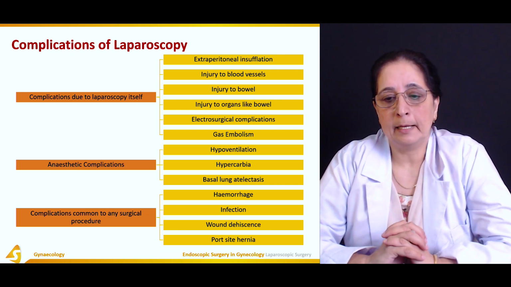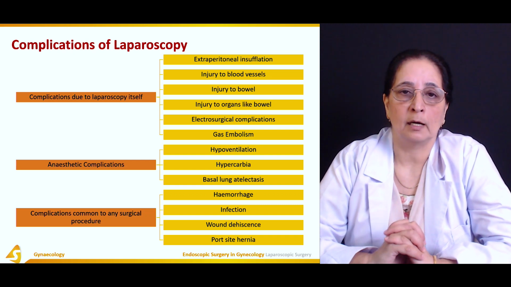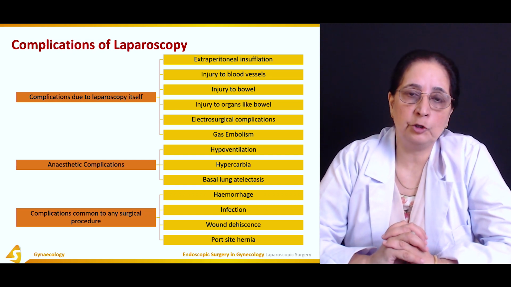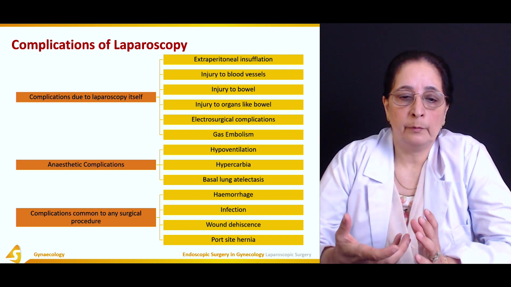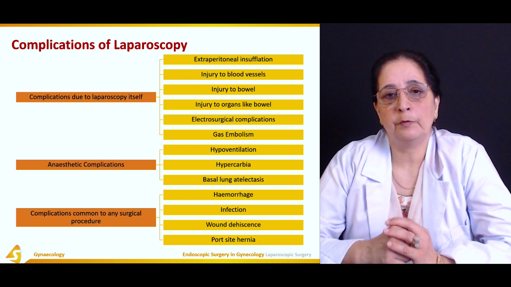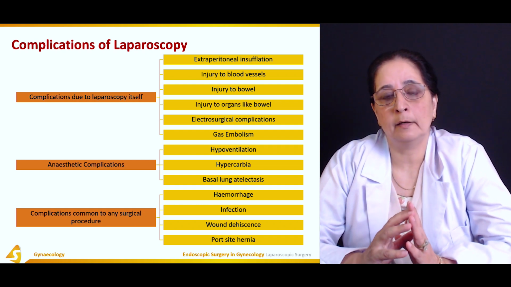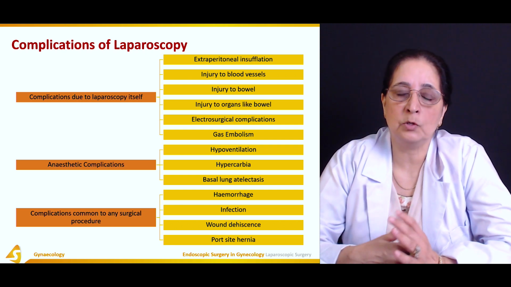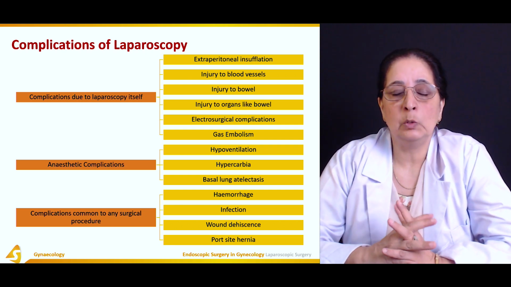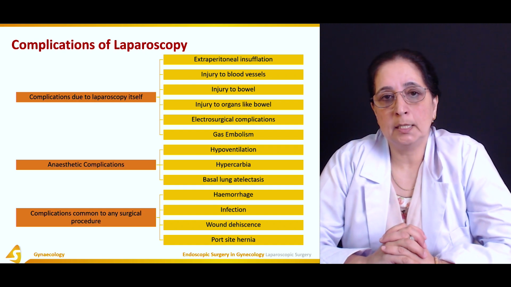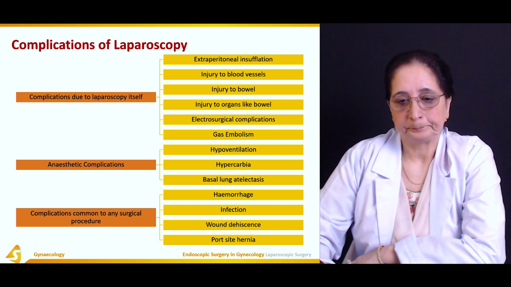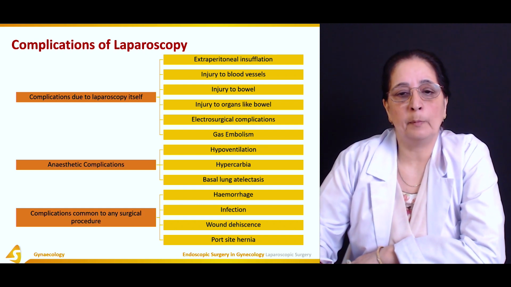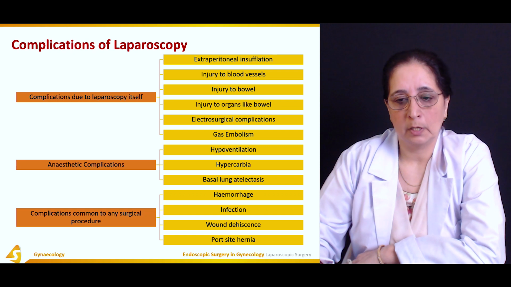And then formation of a hernia. Hernia is the protrusion of an organ through an opening. So whenever a surgery is performed and there is an opening, any abdominal viscera or organ can come out of that opening and lead to hernia. So all these are different complications of laparoscopy.